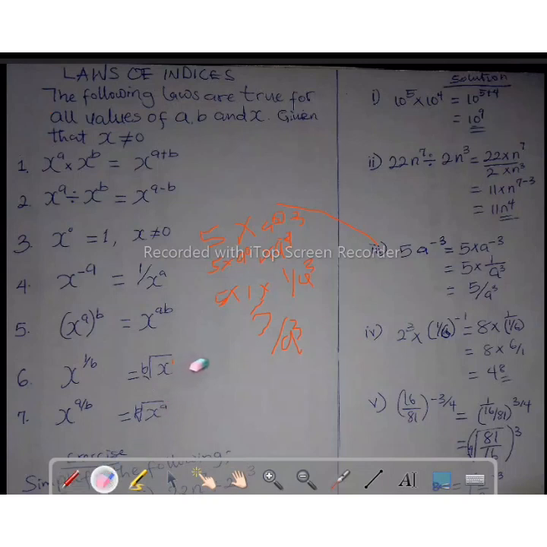Take note of that, and let's take law 7, which says that x raised to power a over b is the same thing as the bth root of x raised to power a. If you notice very well, x raised to power 1 is what we have here, but it's not written.